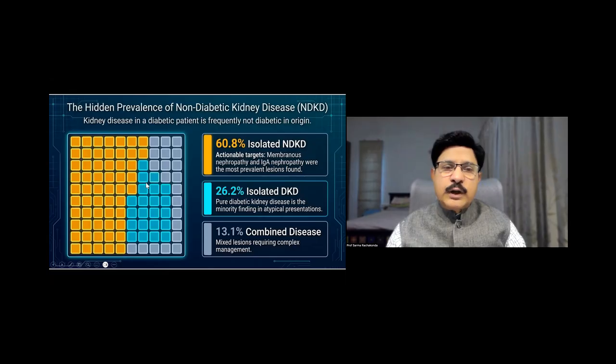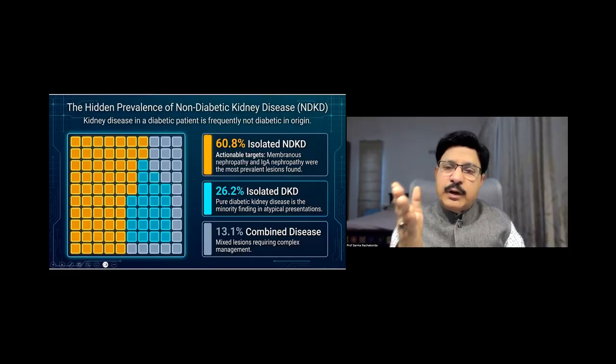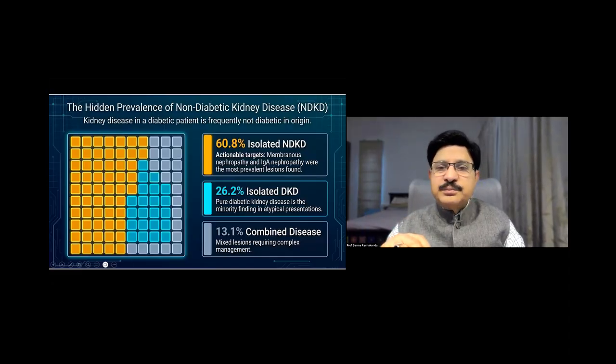Now, you look at this matrix: hidden prevalence of non-diabetic kidney disease. Isolated non-diabetic kidney disease. That is, a diabetic patient can have non-diabetic causes of kidney disease. We forget it. The moment a patient comes with diabetes and kidney disease, we say, oh, he has diabetes, that's why he is having kidney failure.